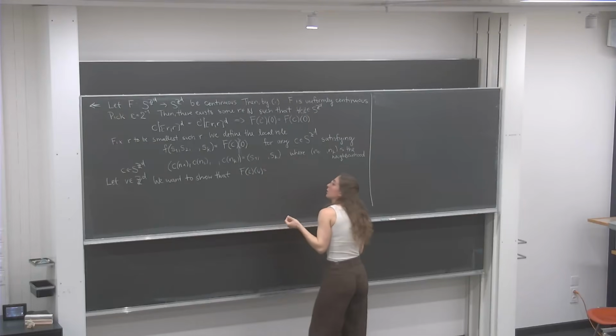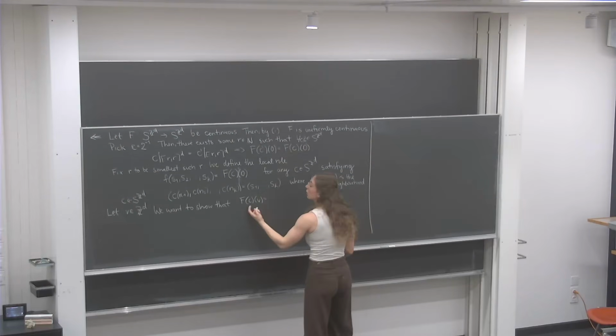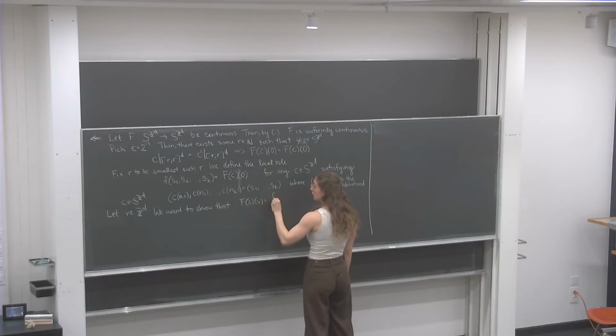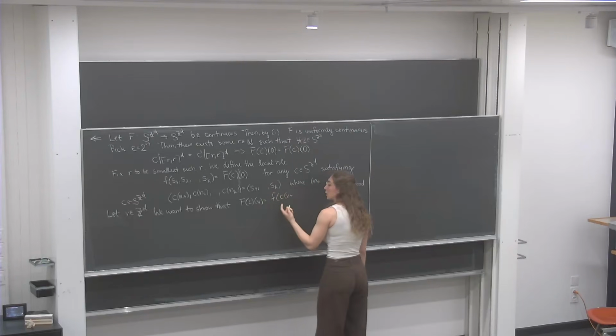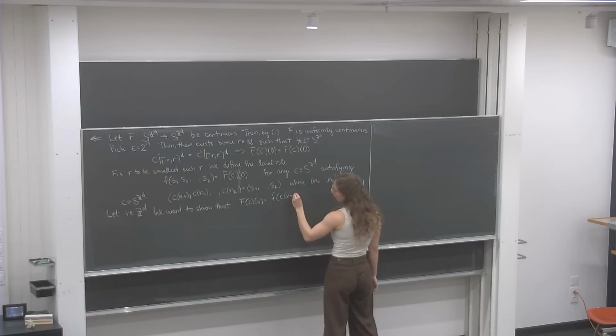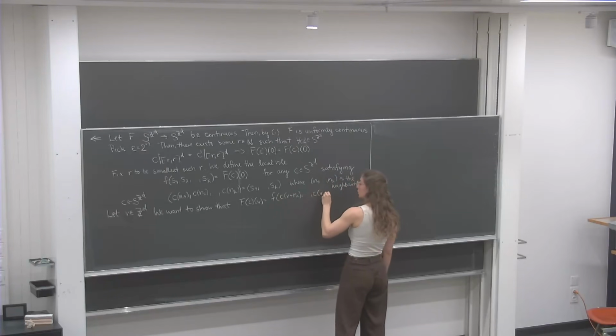We want to show that the image of the global map of C at position v is exactly the local rule applied to what it should be according to the CA definition.